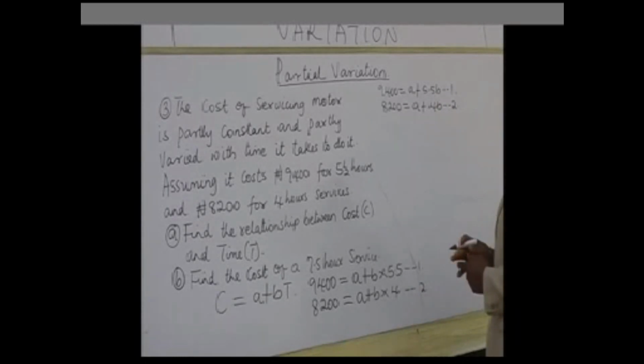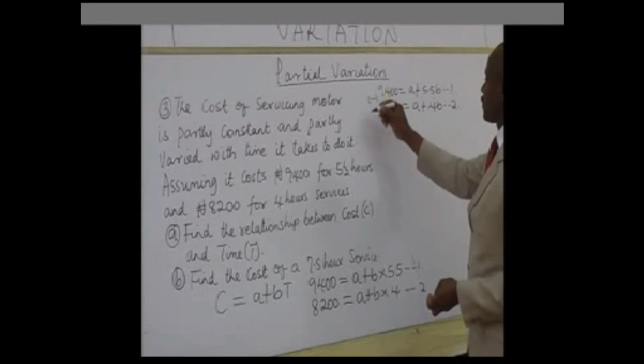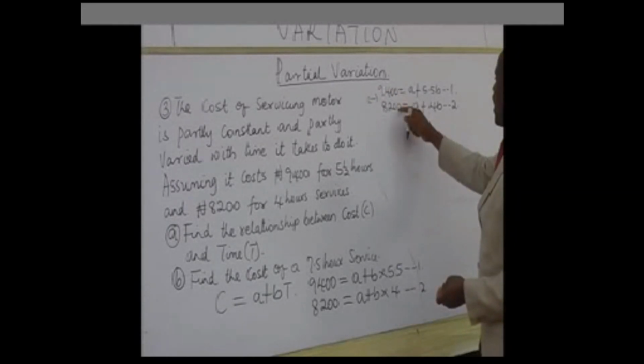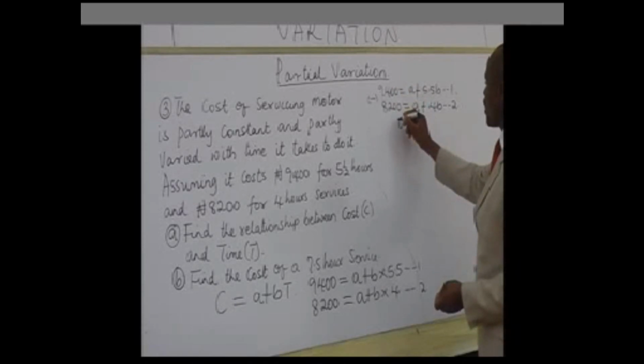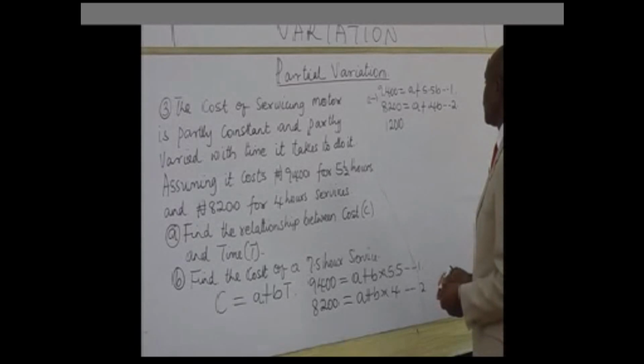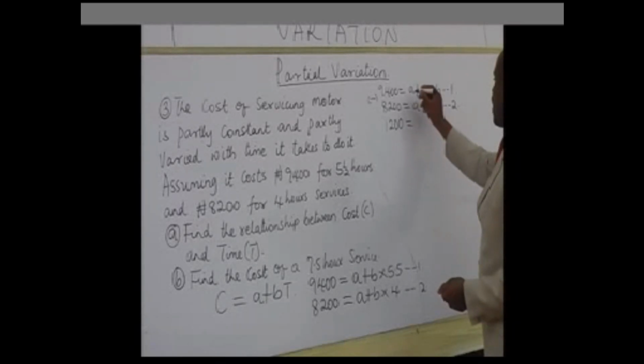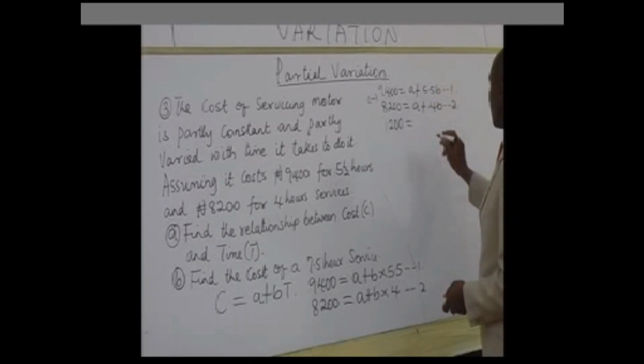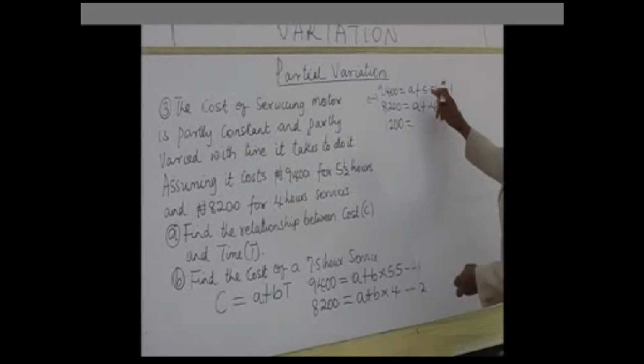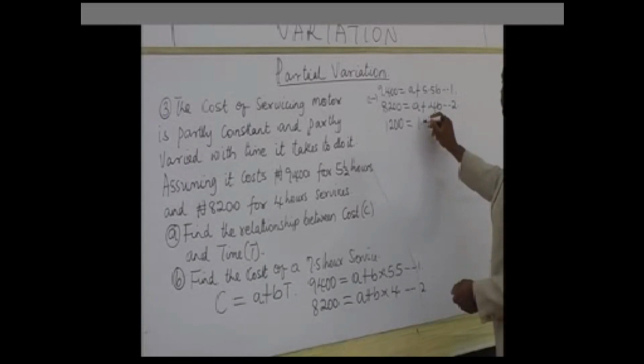Equation 2. Let's subtract equation 2 from equation 1. 0 minus 0 is 0. 0 minus 0 is 0. 4 minus 2 is 2. 9 minus 8 is 1. A minus A, they will delete themselves. 5.5 minus 4 will give you 1.5B.